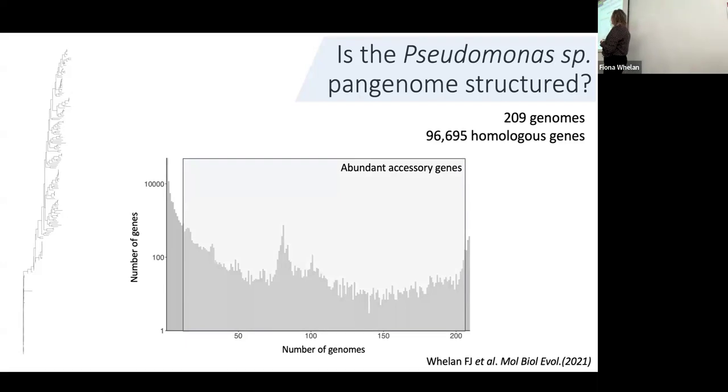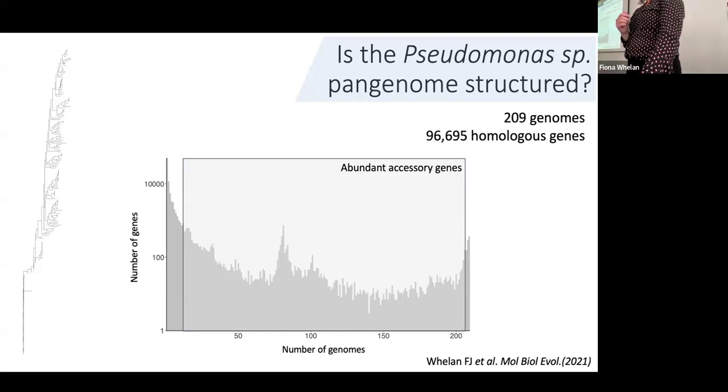And similarly, we don't look at anything that's rare. We just don't have the statistical power if we're only seeing a gene in one or two or three genomes in the data set. So we focused on the abundant accessory genes and then used an algorithm that was previously published to determine which of those are lineage independent, just looking across the phylogeny and removing any of those genes that are found in a particular clade.